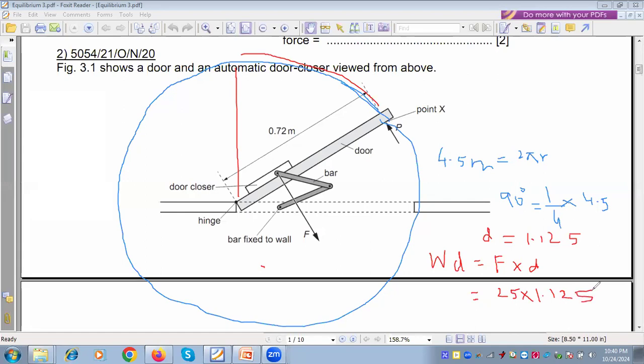We will round it off later on because the data has two significant figures. So we will have to write our answer up to two significant figures into 25. So that will be 28 joule.